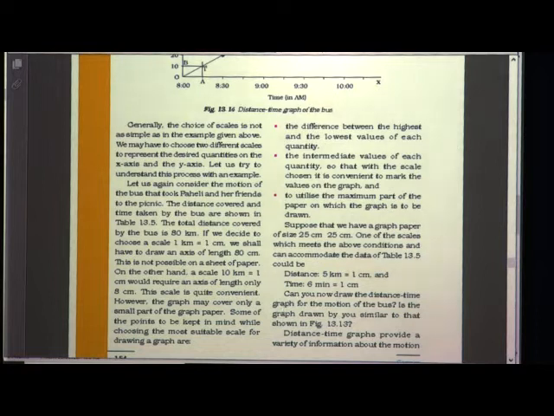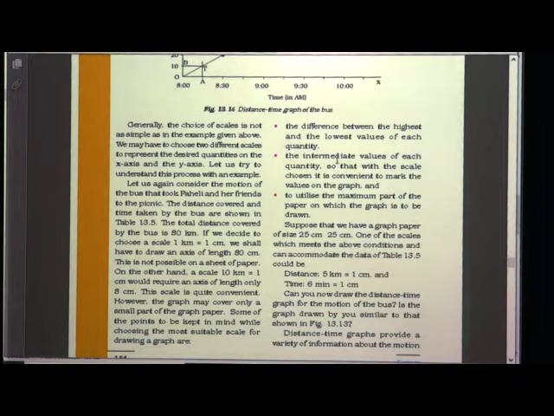Whenever we are going to draw any graph, we first have to read whatever readings we got. After that we have to think whether it is possible to mark all these values on a single graph paper, or on the given graph paper. That we have to think first.